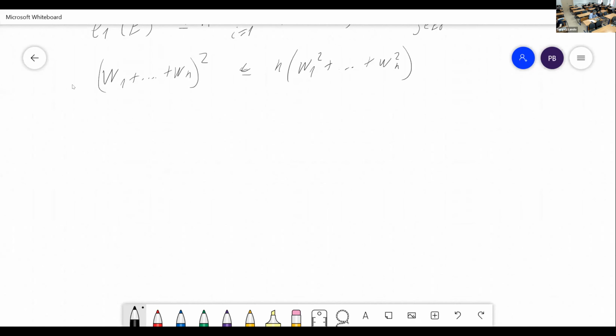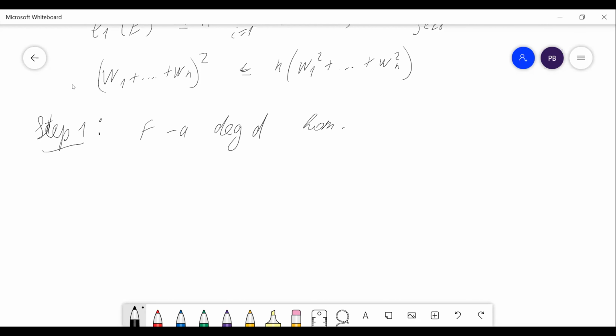So one of these, I will call it step 1, I guess, is to prove that if we have f a degree d homogeneous polynomial in W, where W is a tuple W0 to Wn, we can consider the Hessian of a derivative of f.